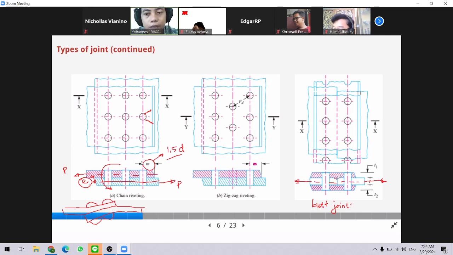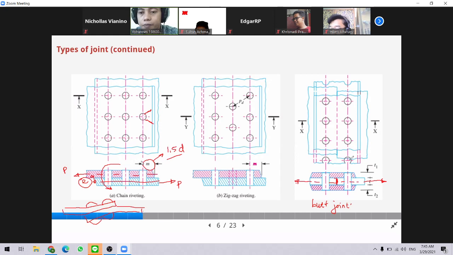Butt in bahasa Indonesia is pantat. Jadi pantat bertemu pantat di sini. So that's why we call this butt joint. Now after we remove this eccentricity, we can keep this joint structure flat, not bent.